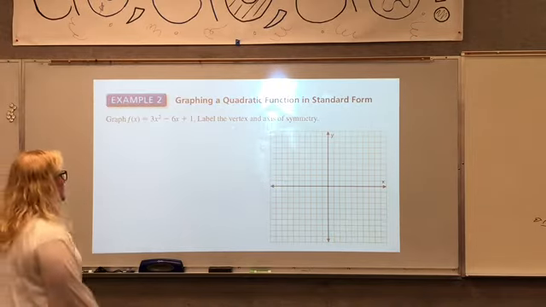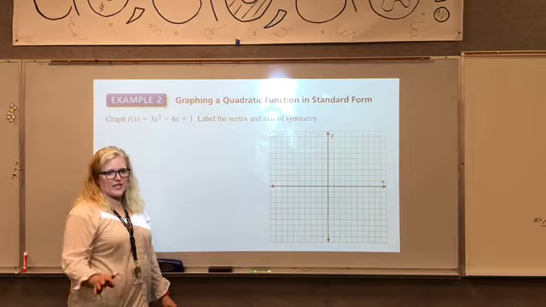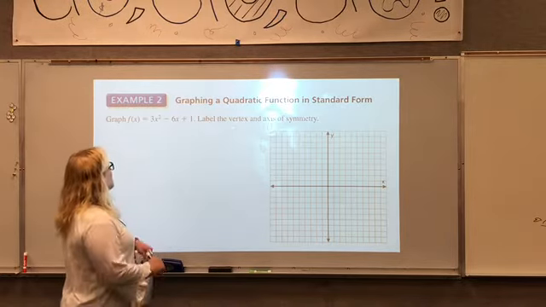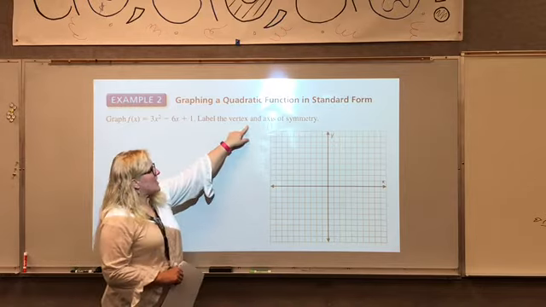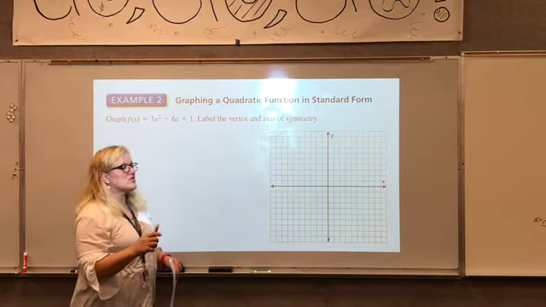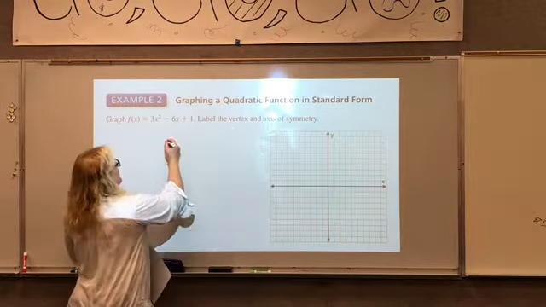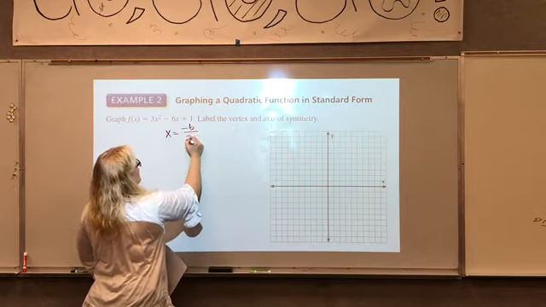Okay, so let's look at an example. It's always easiest to see things when you're looking at an example. All right, so we have 3x squared minus 6x plus 1. Label the vertex and axis of symmetry, and of course they want us to graph this. So, to find the axis of symmetry, I have x equals negative b over 2a.